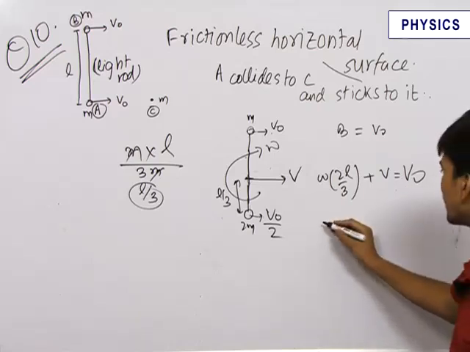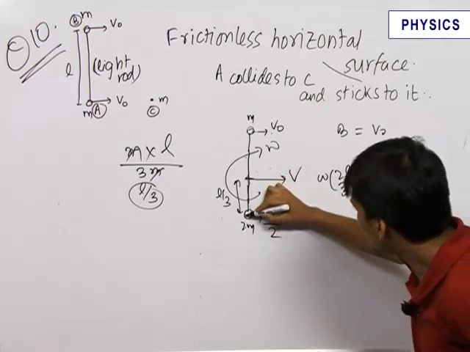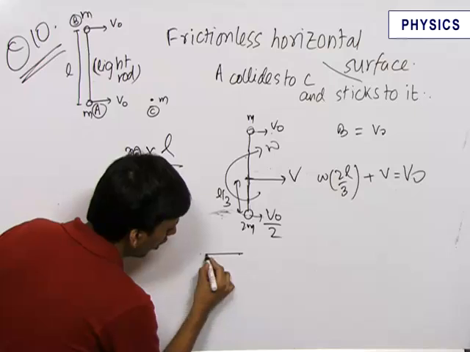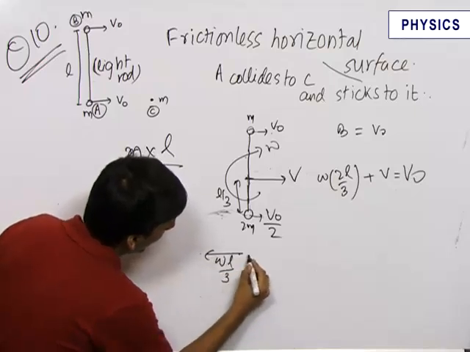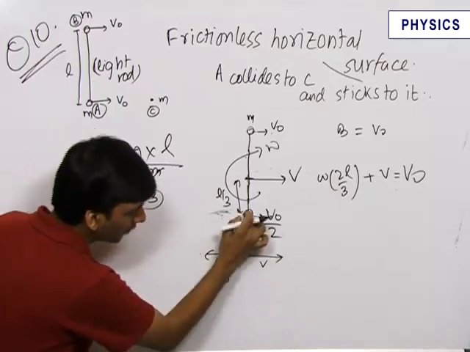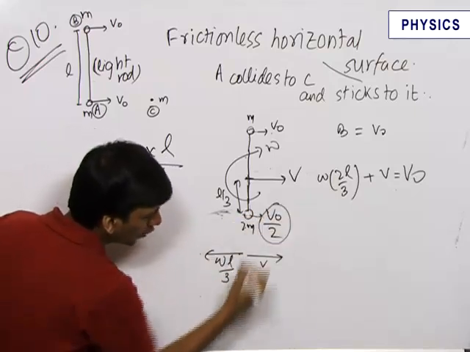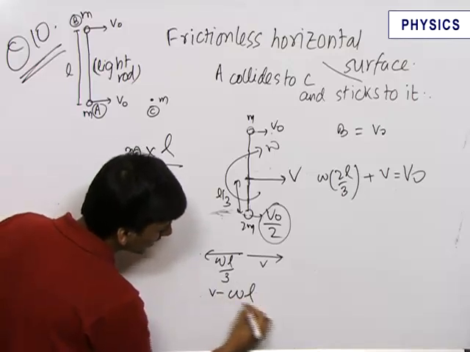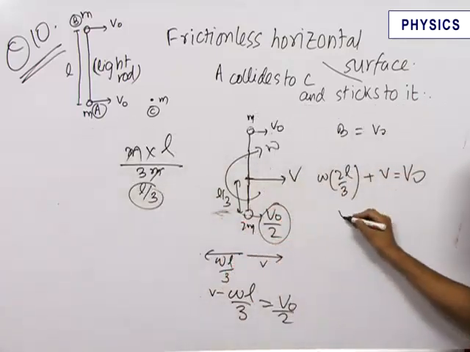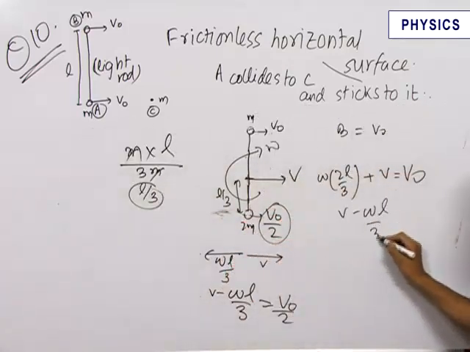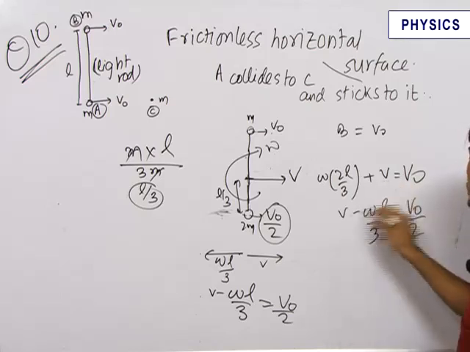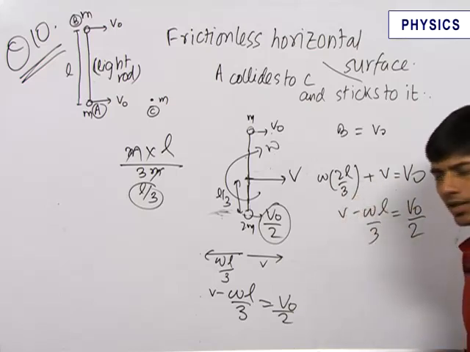The other equation is omega into L/3 this side and v added this side to give the combined velocity of this point mass, and that is equal to v0 by 2 as we know. Therefore v minus omega L/3 is equal to v0 by 2. So we have two equations, two variables v and omega. You can solve the question from here.